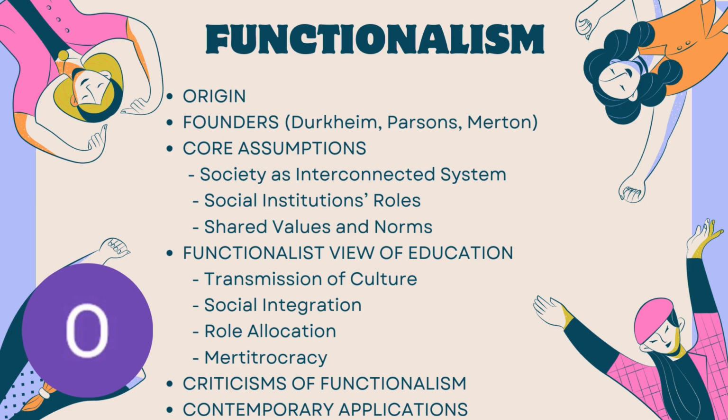Number two: neglect of conflict and change. Related to the overemphasis on consensus, functionalists have been criticized for neglecting the role of conflict and change in social life. While functionalists recognize that societies do change over time, they tend to view change as a gradual and evolutionary process that occurs in response to external pressures or internal strains rather than as a result of internal contradictions or conflicts.